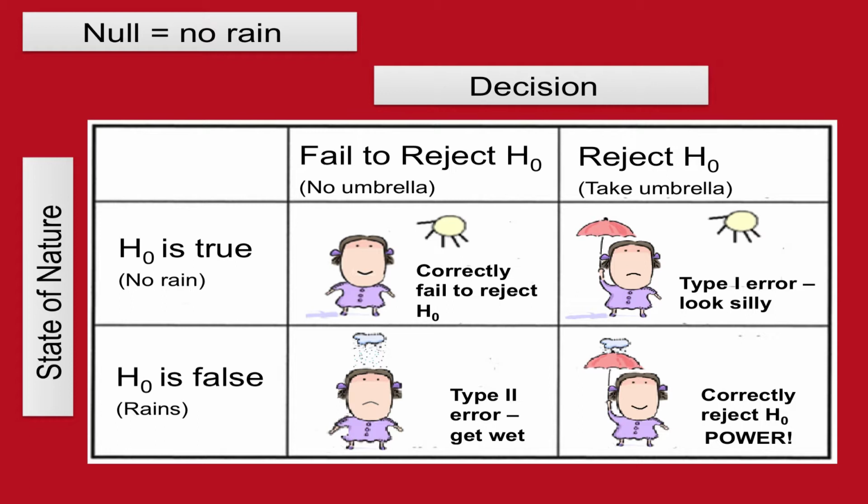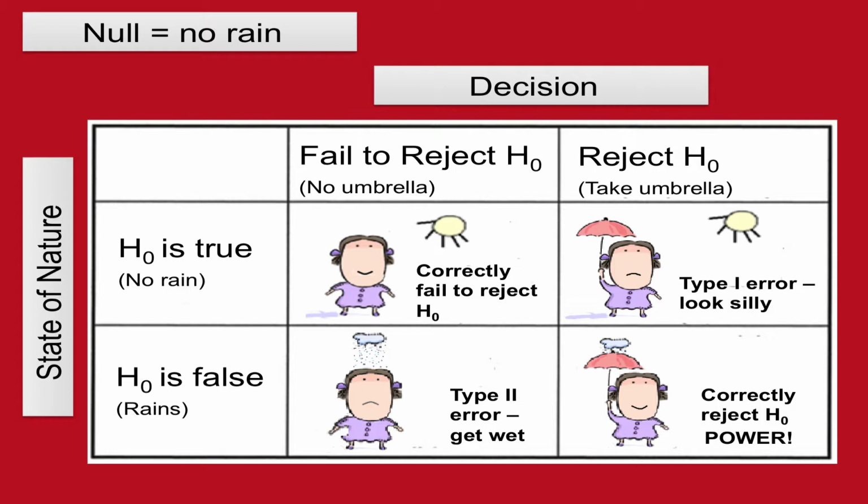If, on the other hand, the null is true and it doesn't rain, and you take your umbrella, so you reject the null, then you have made a type 1 error, and you look silly. Because you've taken an umbrella, you're over-prepared, you didn't need your umbrella.